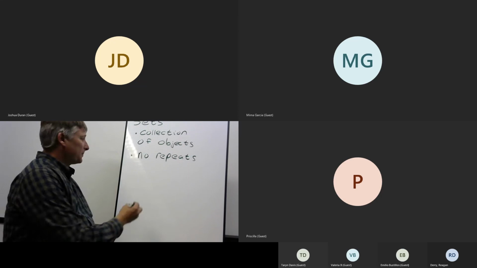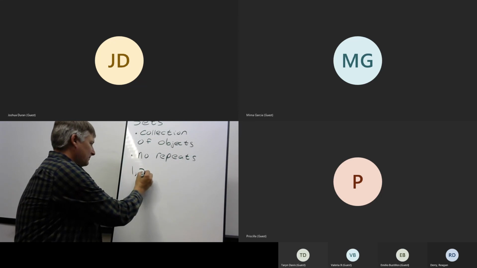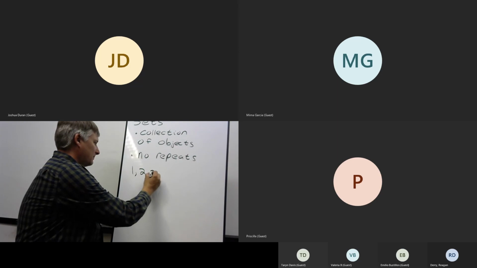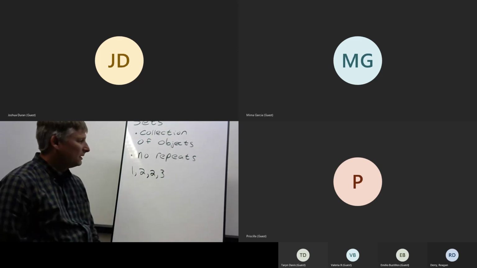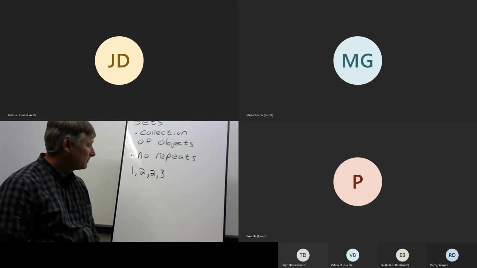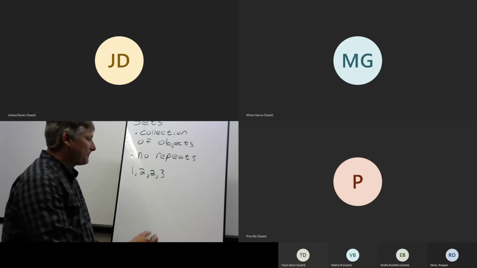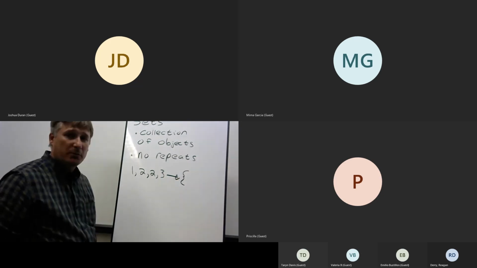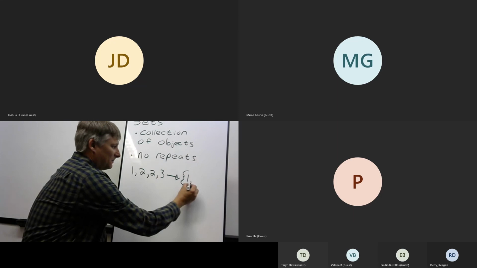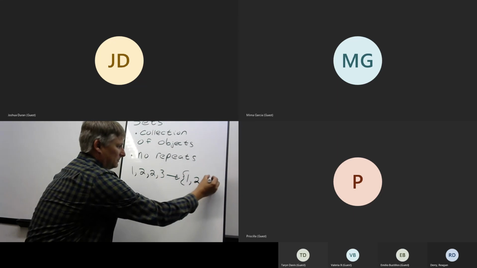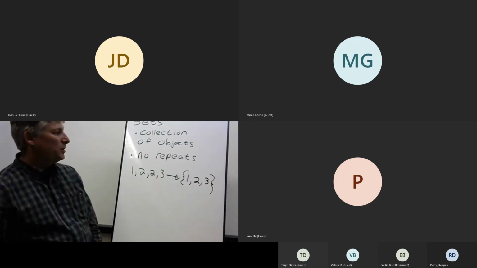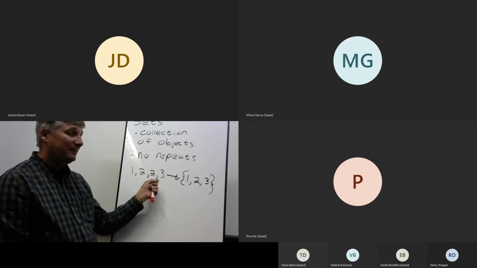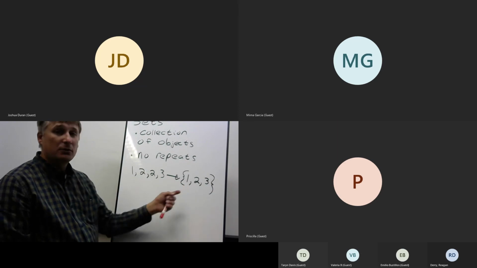So let's say we have some numbers. One, two, two, three. If you want to convert these to a set, in the sets we use curly braces. We use 1, 2, 3. So the set of numbers that are in this list, the set would be 1, 2, 3.